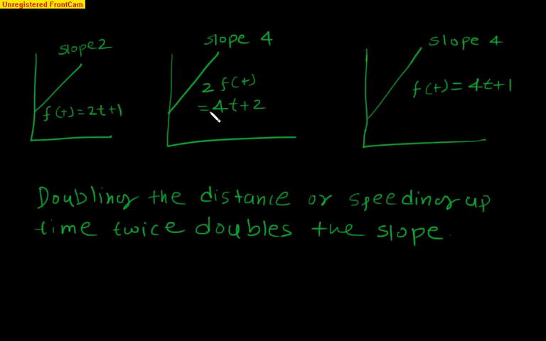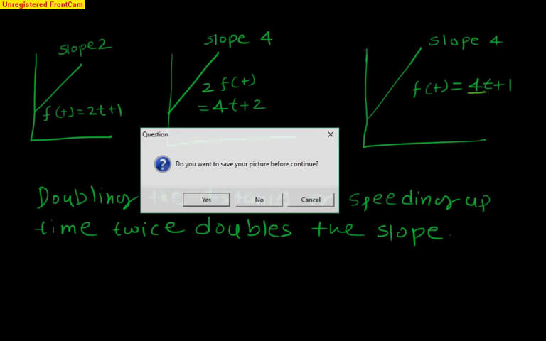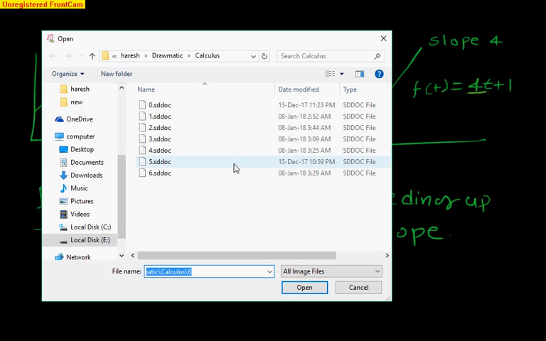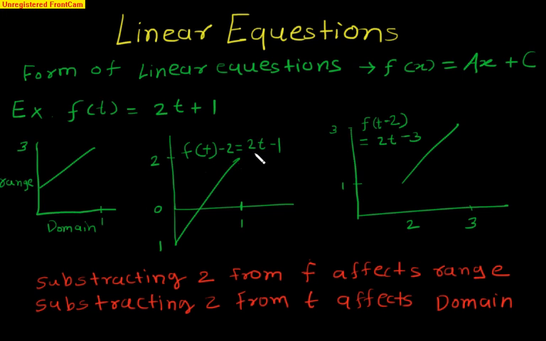See here, the slope will get doubled. Here I have directly substituted 4t instead of t. See here, the slope will get affected. In the previous example, the slope is the same. The slope will not get affected.